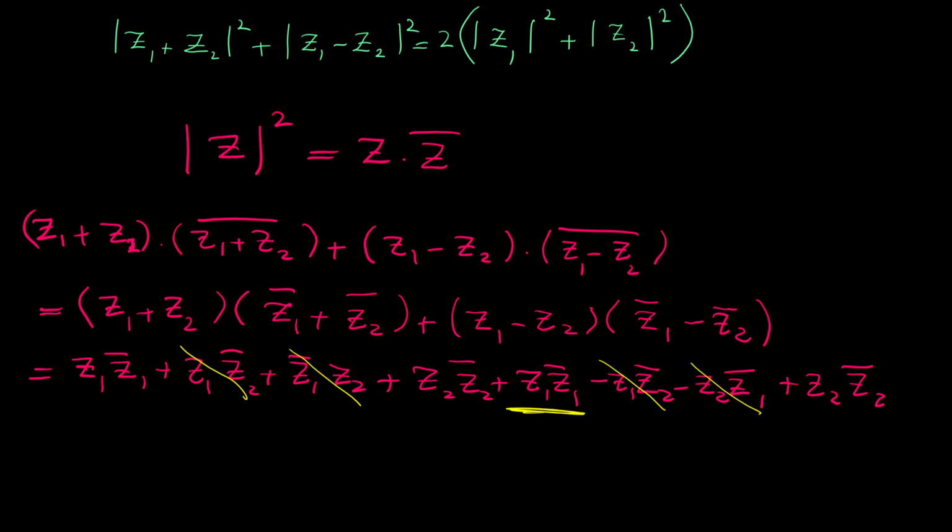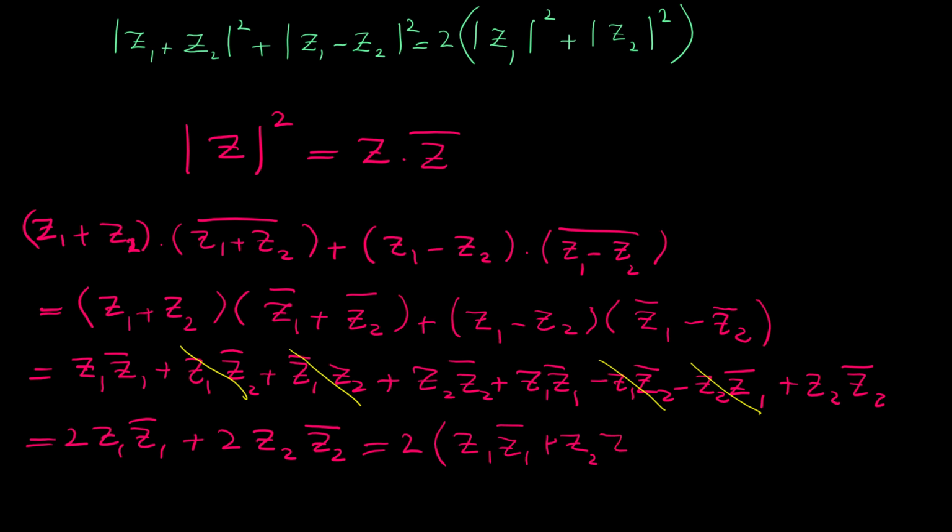So we have 2 z1 z1 conjugate, and also we have 2 z2 z2 conjugate. From these two terms, first note that we can factor out the 2.